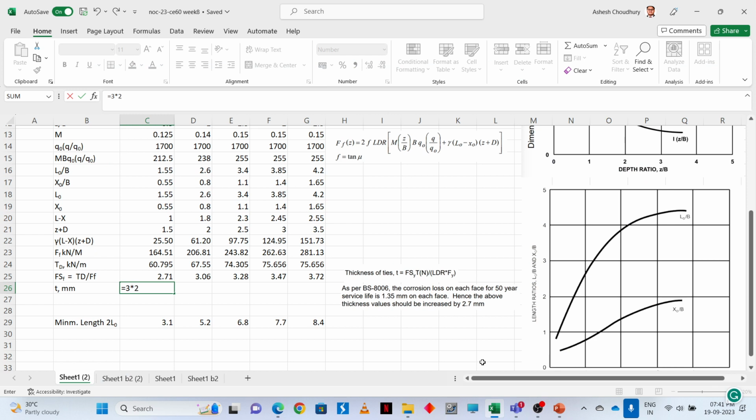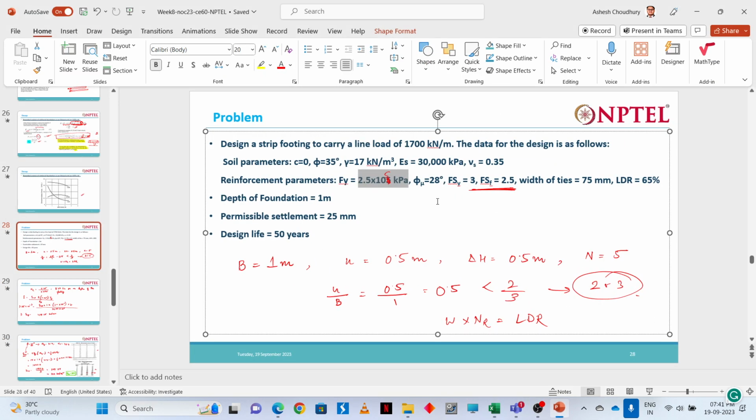So what is Tn? Sorry, I just made a mistake. This Tn is the reinforcement load that is coming. Divided by LDR, 0.65 times Fy. So what is Fy?